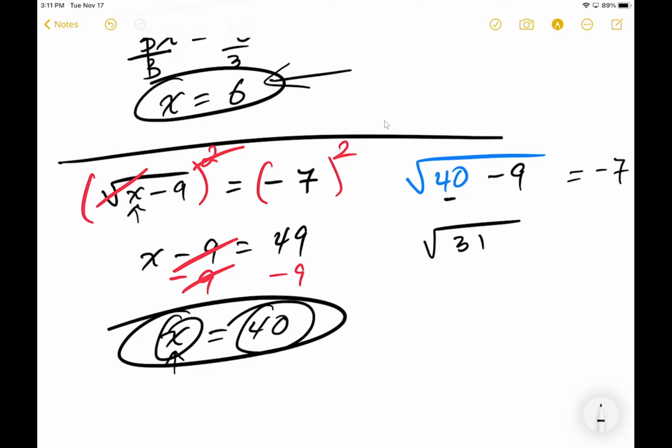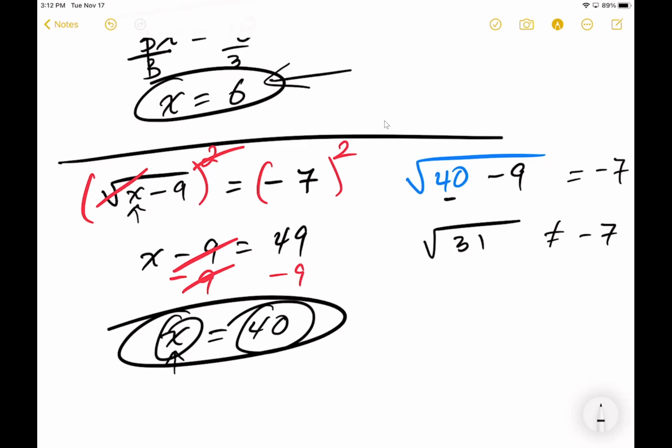I can see that a square root of 31 is not that number there, right? So we're in trouble, because we find x, but when we plug it back in, we cannot find an answer, right?